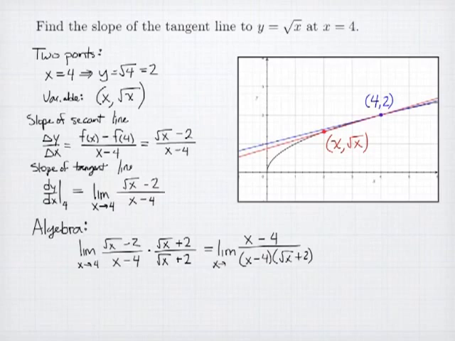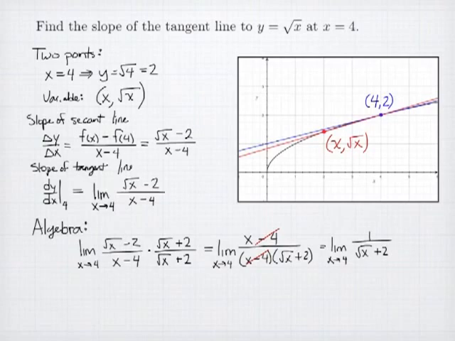My limit has x approaching 4. X minus 4 is a common factor, and so I can find that my limit is found by taking a limit as x goes to 4 of 1 over the square root of x plus 2. Well, this is no longer a problem.